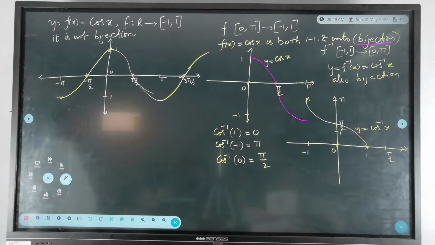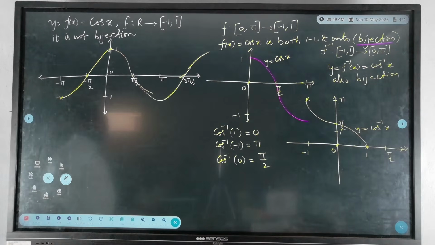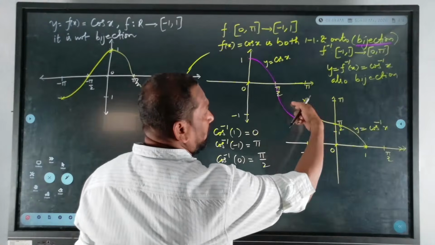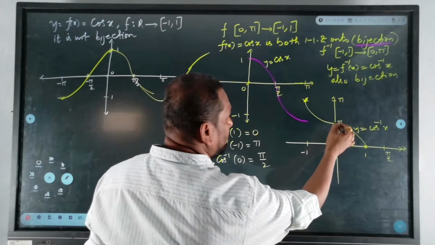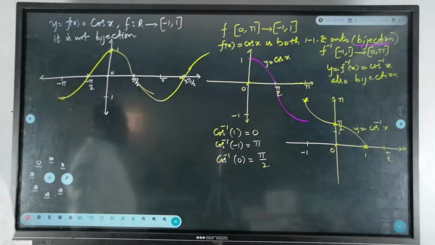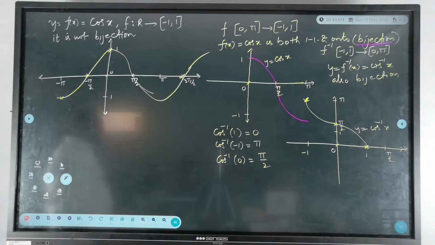Right? So these are the points. This is the first point: for minus 1 it is pi. For 0 it is pi by 2. For 1 it is 0. The point x 1, y 0 is on the x-axis.